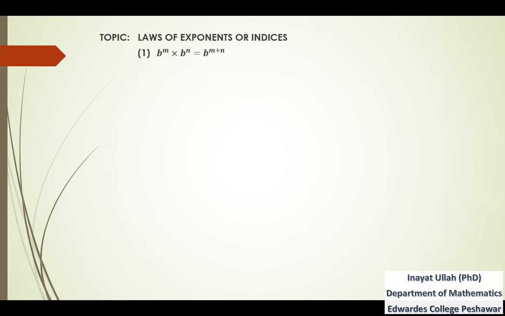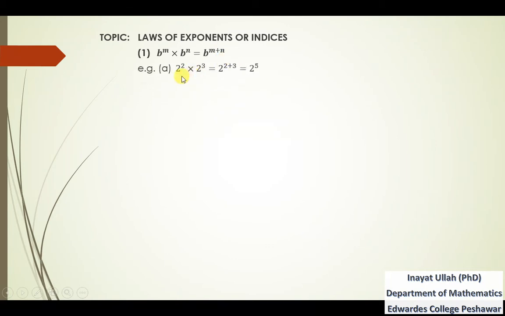The first law is whenever two exponential forms are multiplied with the same base, b, the powers will be added, so that will become b power m plus n.